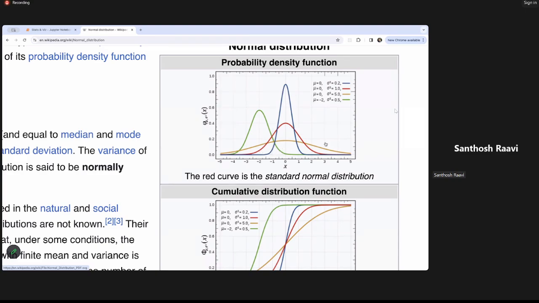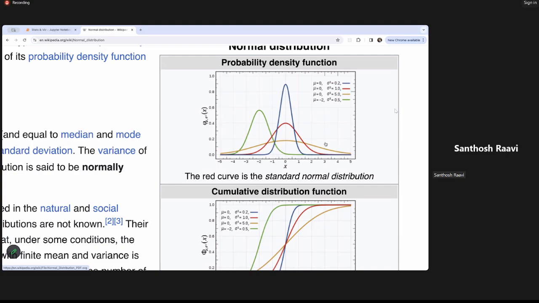If that particular data is not following normal distribution, we will be converting the data into the normal distribution. There are some transformation techniques. For example, if a data point is following a log distribution, then we have the log normal transformation. If a particular data is following a power law distribution, then we can convert it into the normal distribution by using the Box-Cox transform.